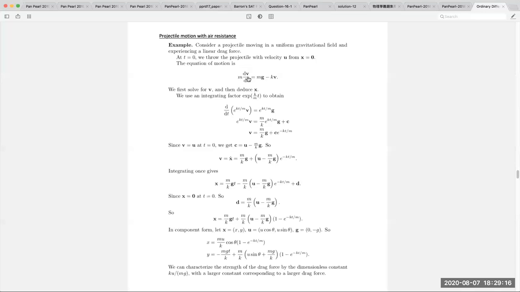Why do you substitute specifically k over m t? Where can you highlight that part? Like this part. This is the integrating factor. Let me write down the equation in this form first.